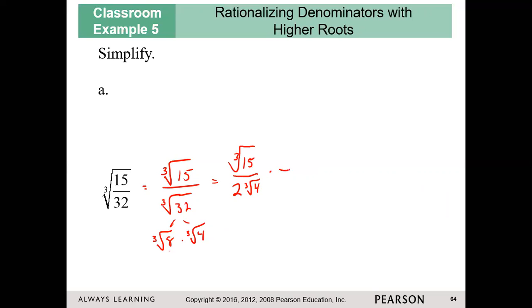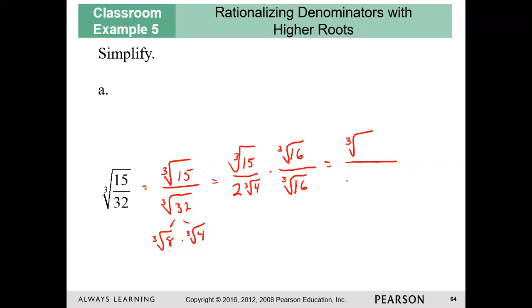So the one that I'm looking for is the cube root of 16. The cube root of 16, because the cube root of 4 times the cube root of 16 is the cube root of 64, which is 4. Okay, so this should be, and I'll show you the breakdown here. This is going to be the cube root.